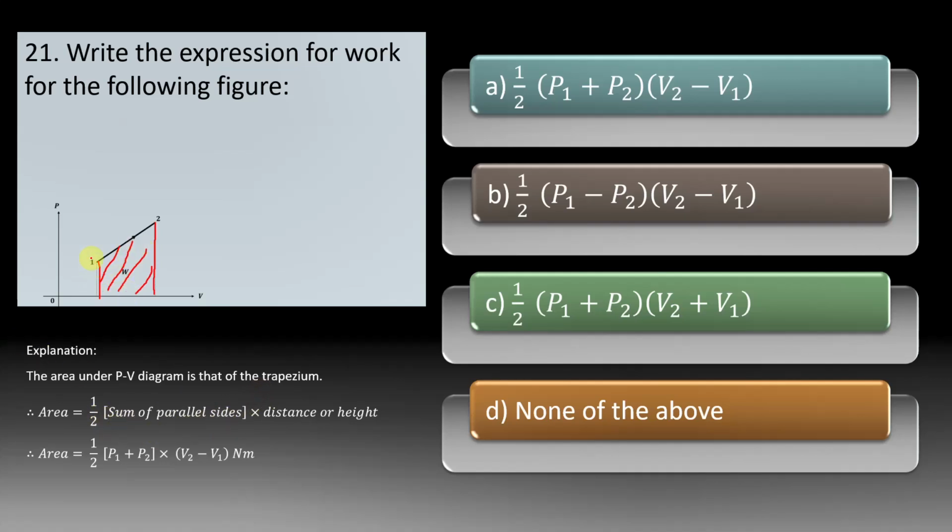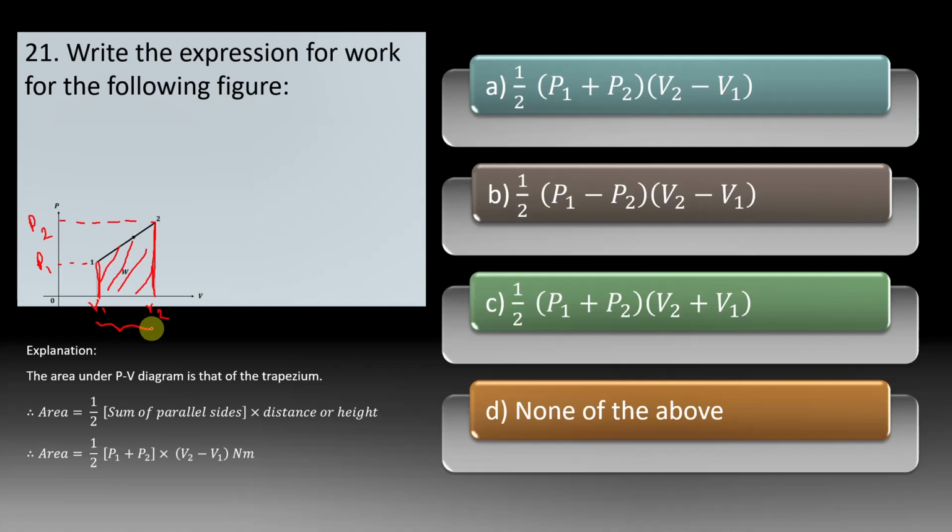If you consider point 1, it will have a pressure of P1. Point 2 will have pressure of P2. Similarly, volume is V1 over here and V2 over here. So these are the parallel sides, P1 and P2, the corresponding state properties, multiplied by the distance or height.